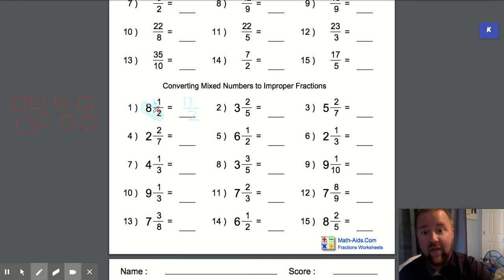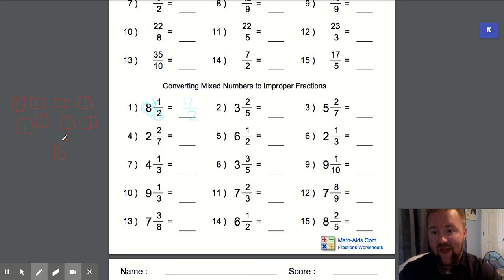If I have 8 wholes and they're all halves, right? I have a half, half, half. Ooh, that half's a little rough. Sorry. Half, half, half, and half. How many halves do I have? I have 16. So that's why I'm multiplying the 8 times 2 to give me the 16.